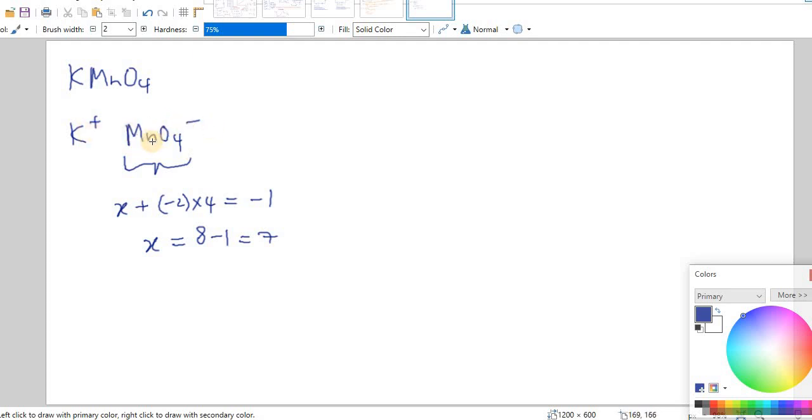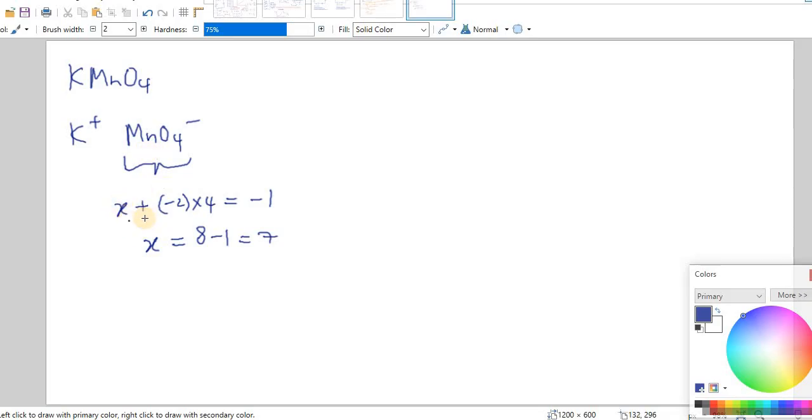Again, you would have learned these details in chemistry, but inside this, it is a different situation. Now we'll focus on the lesson quickly. Remember, this is MnO4 minus, so the overall charge on this is minus 1, so that's why I write minus 1.